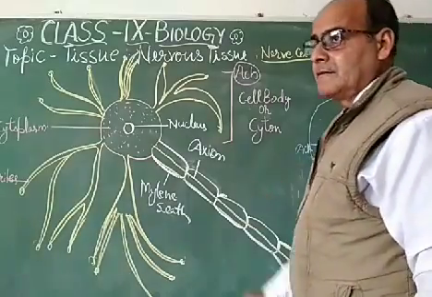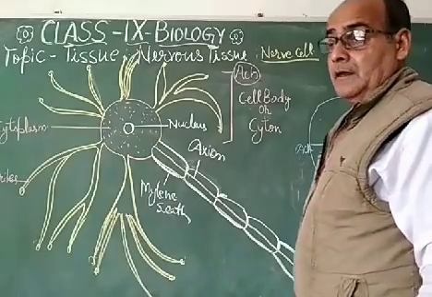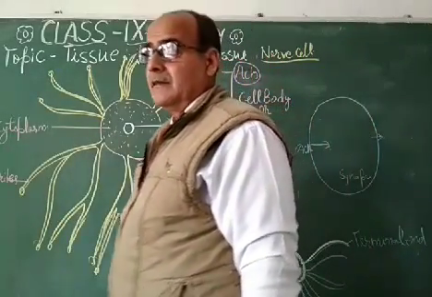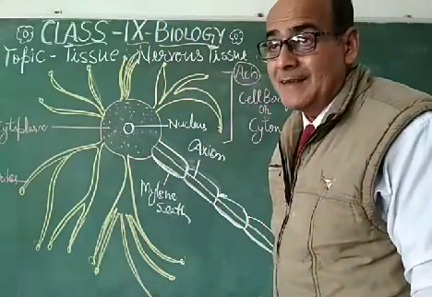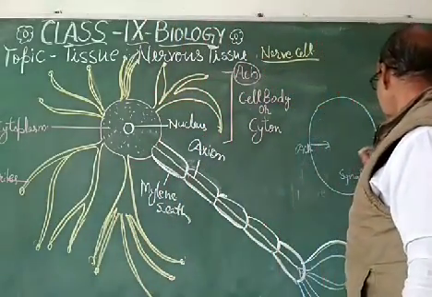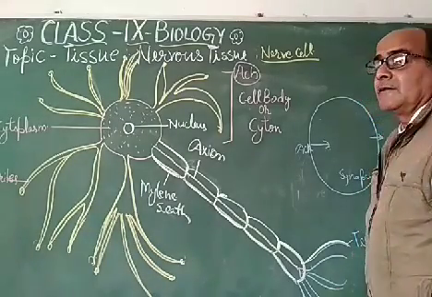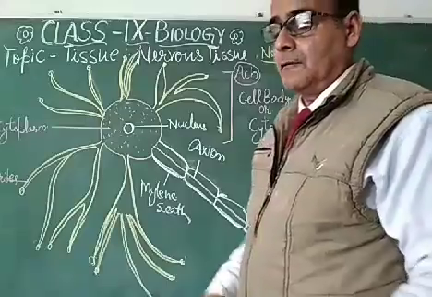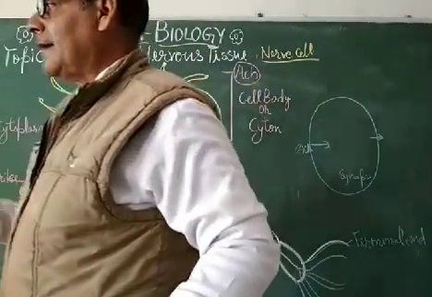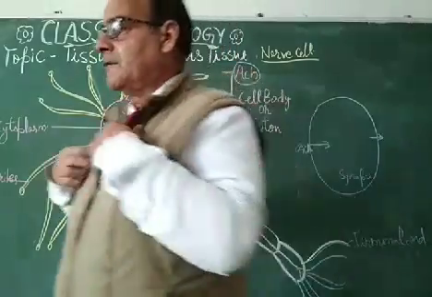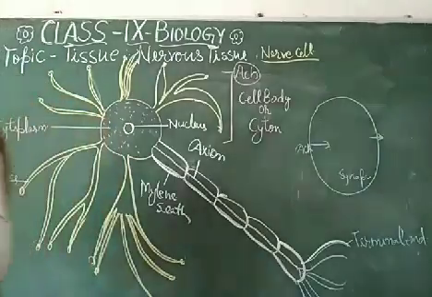This chemical transmission is translated inside the synapse, and further that message reaches the brain or spinal cord in the form of different types of electrical impulses.